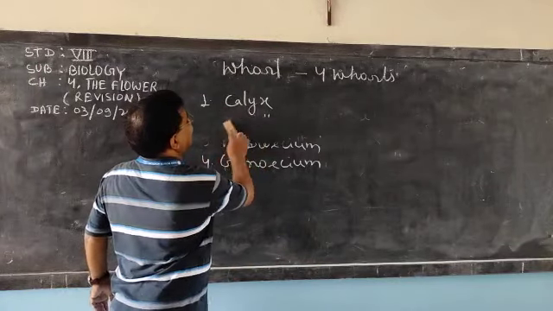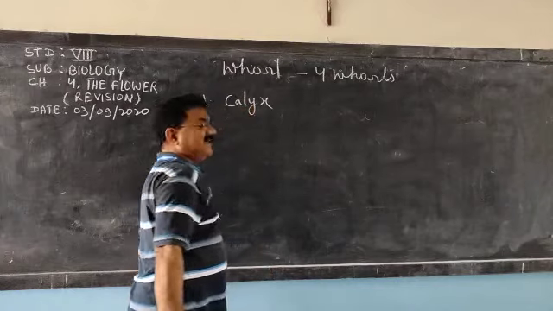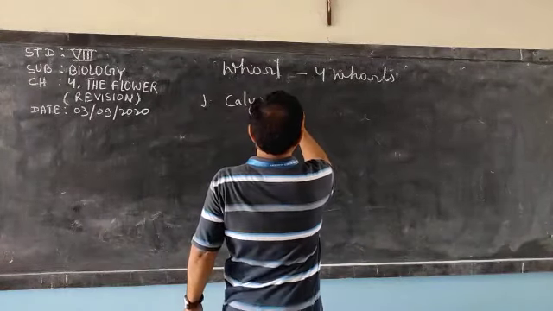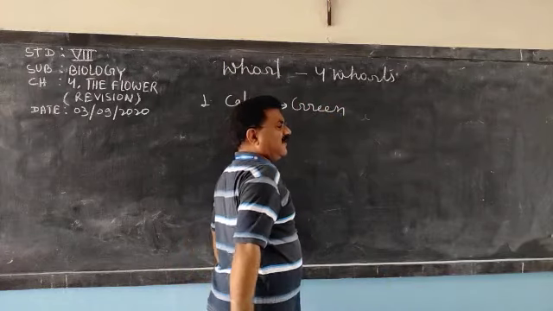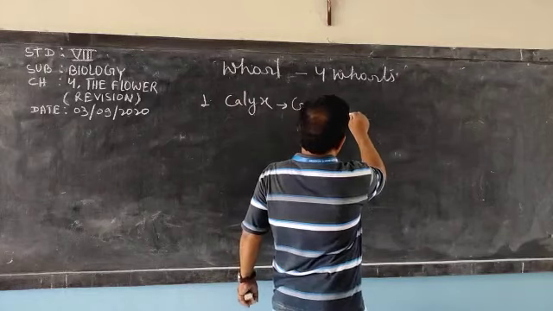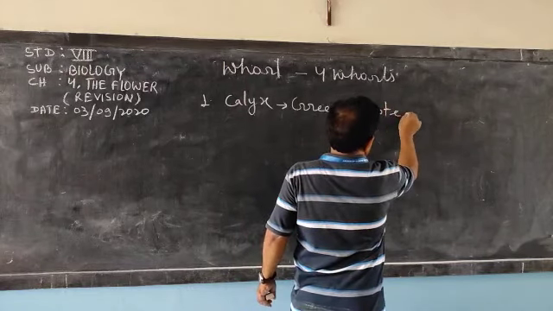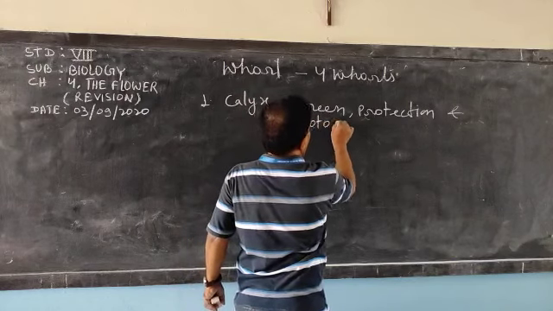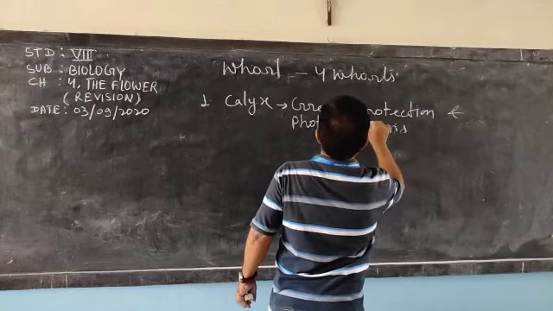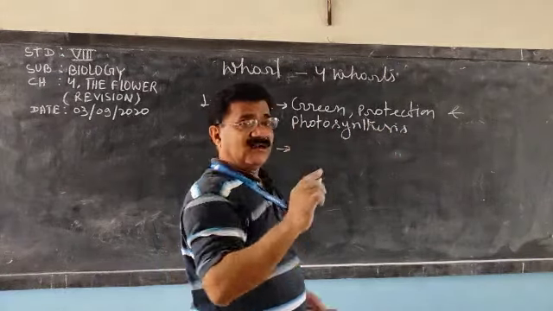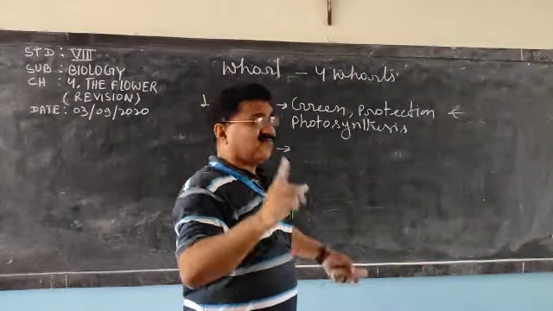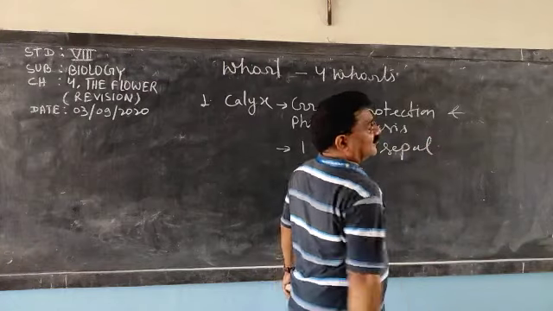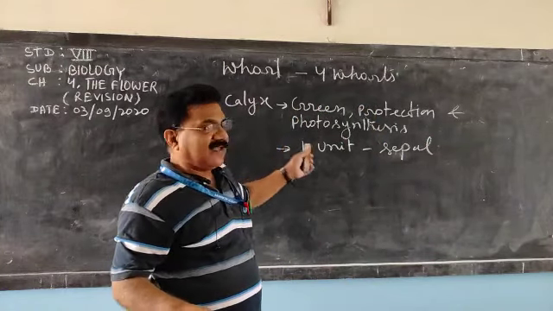The first whorl is the calyx, and calyx is the green part, the lower part of the flower.